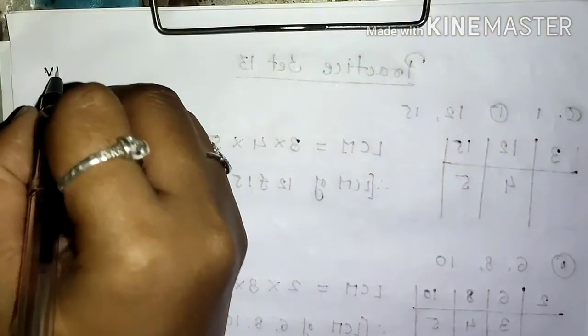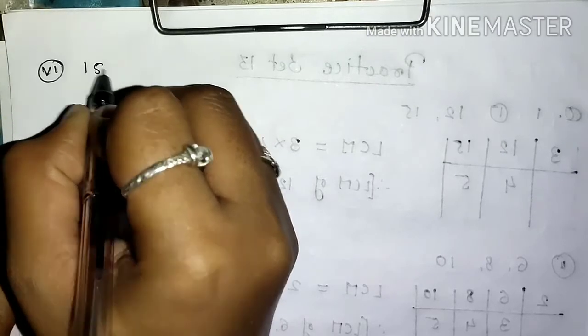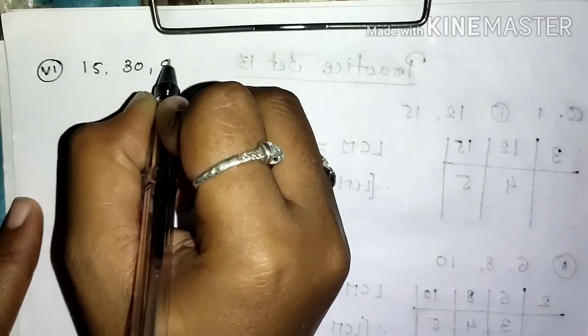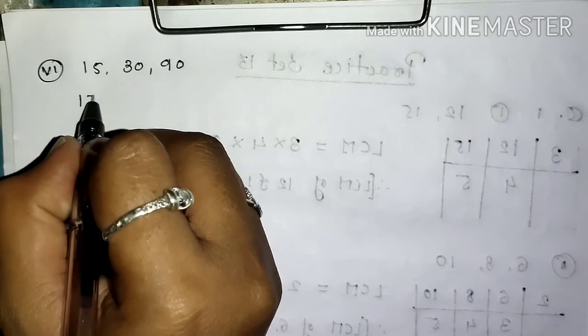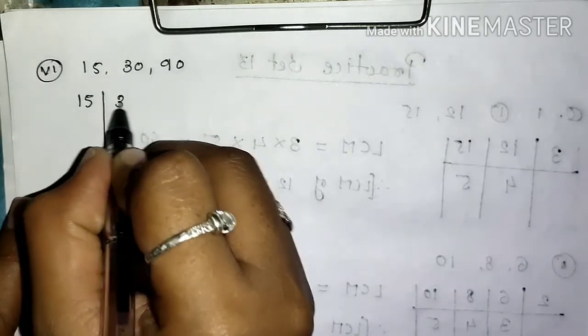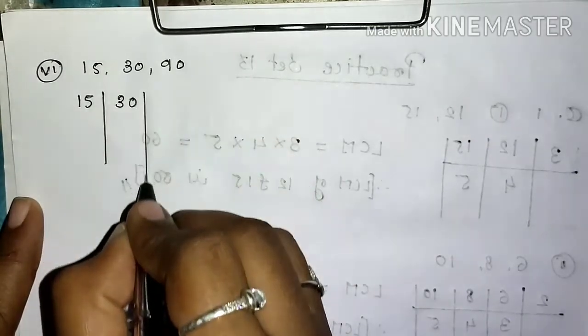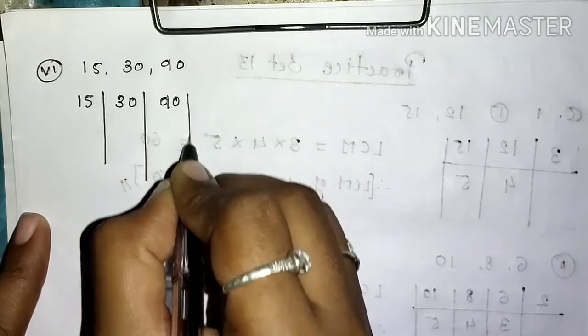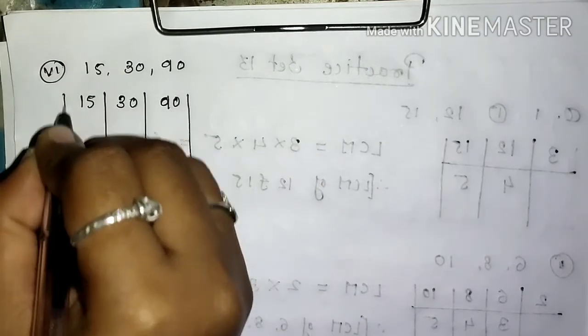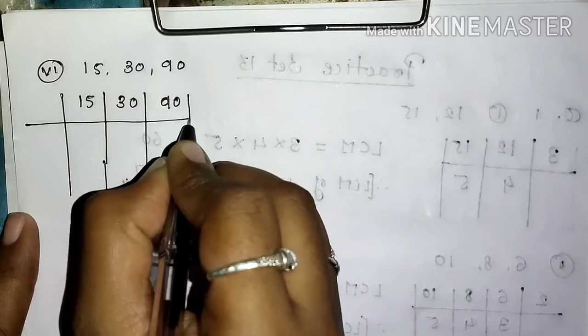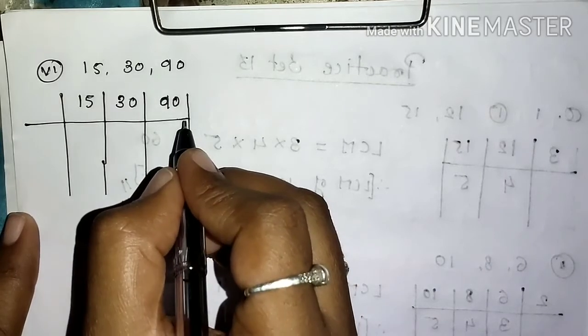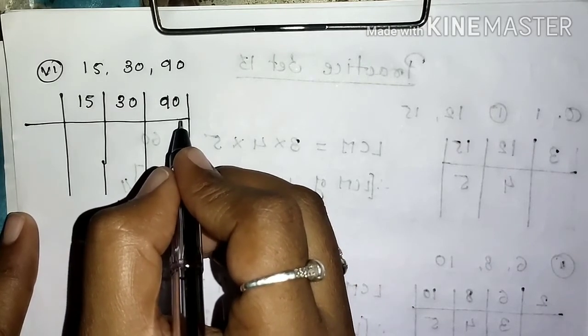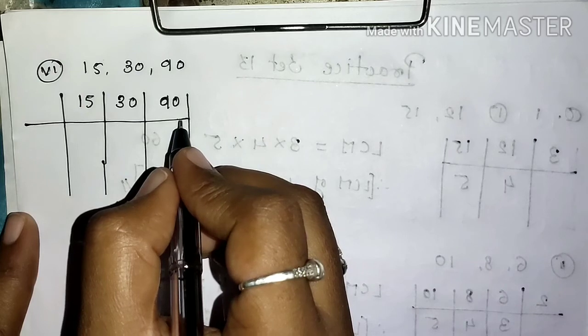Sixth example, 15, 30 and 90. So let us make the arrangement 15, 30 and 90. So here always we have to start with the smallest prime number, which is going to divide at least two numbers.